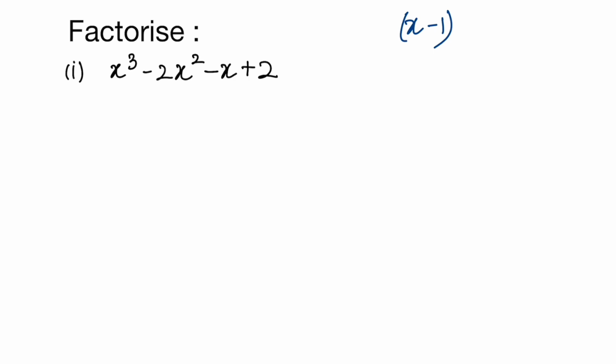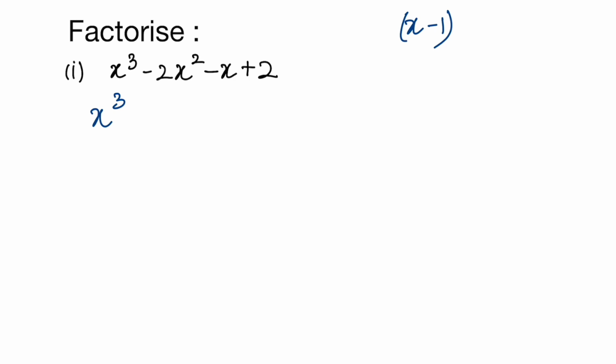From the first 2 terms you cannot take something so that it becomes x minus 1, right? So what I am going to do is, if you want to make this x cube as x minus 1, or rather x, you'll have to take x square as a common factor out of it, right?